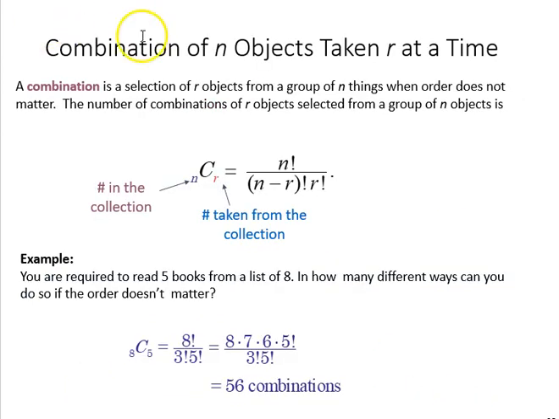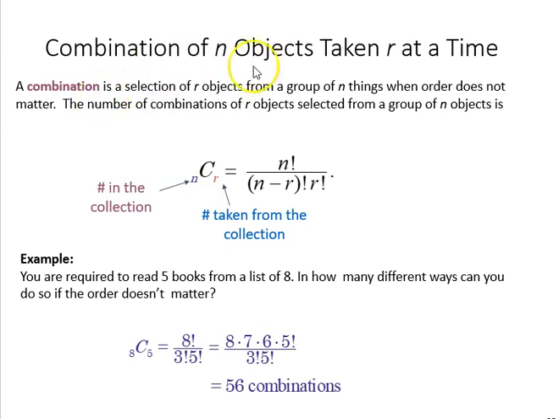Next we can look at combinations, and combinations are different from permutations because the order does not matter. When we have a security code with 5 numbers in a row, the order of those numbers matters, so that's a permutation. If we had a security code where the order didn't matter, we could just type the same 5 numbers but in any order we wished, well then we'd have a combination.